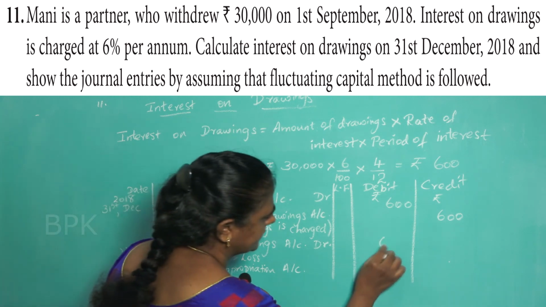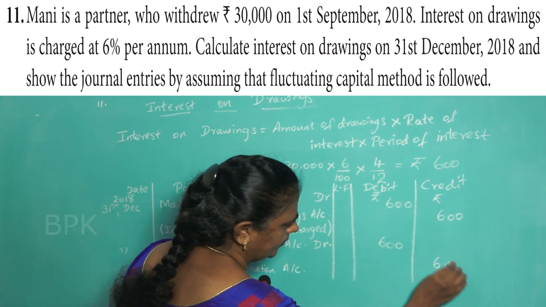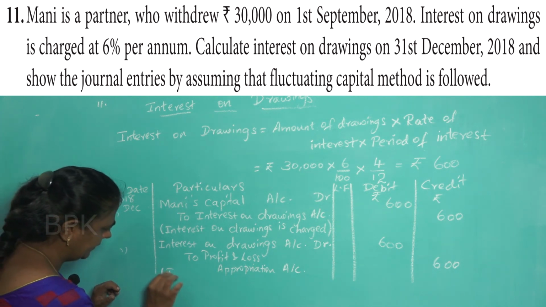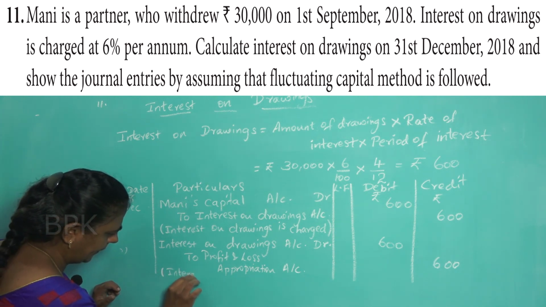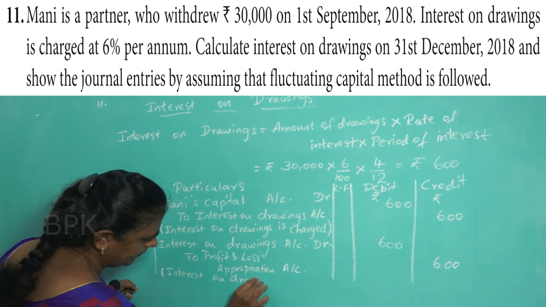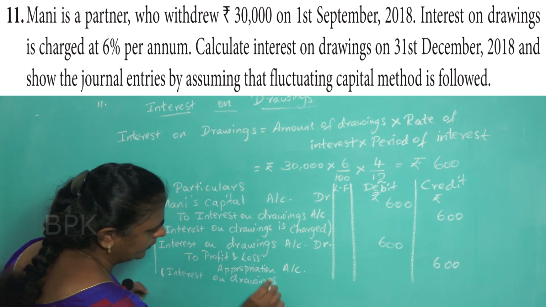How much? 600. Okay. So what you have to write? Interest on drawings closed.